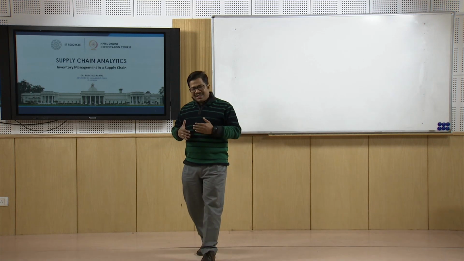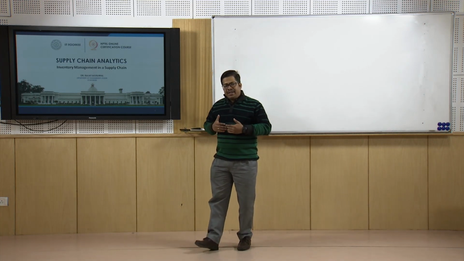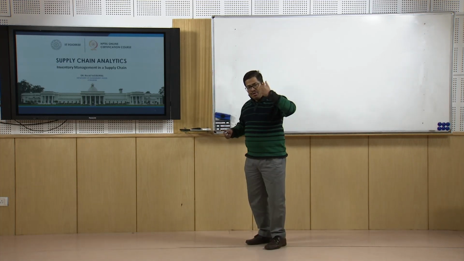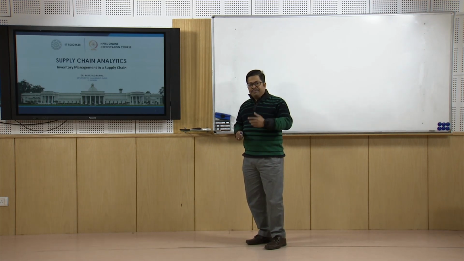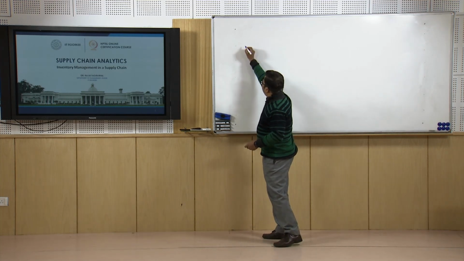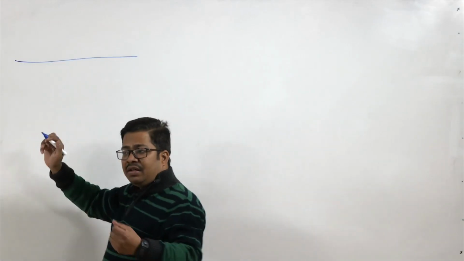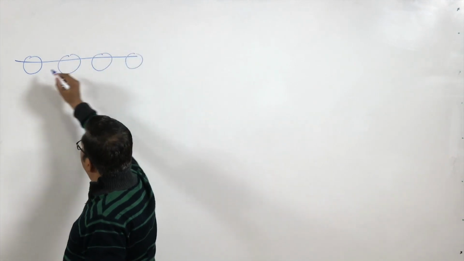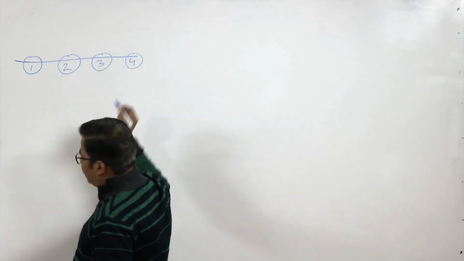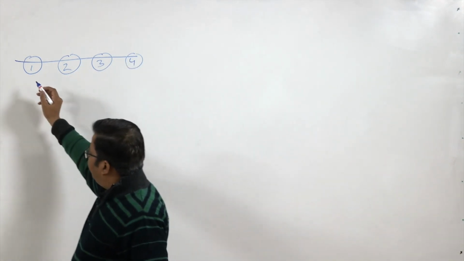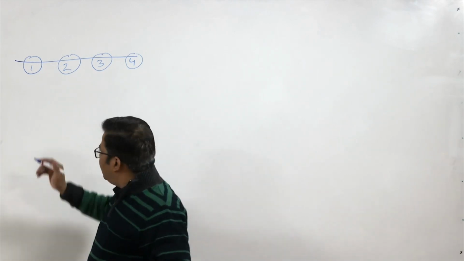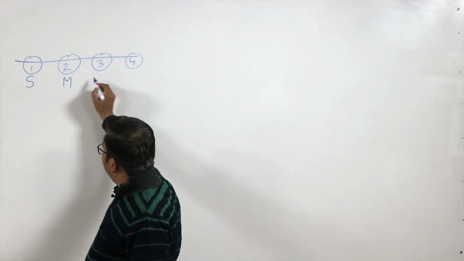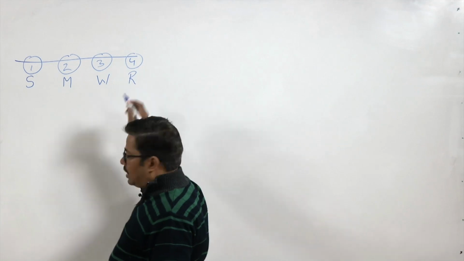Now the same discussion in this class we will take to multi-echelon systems, where in a supply chain more than two installations are possible. You can think of a supply chain with 4 stations 1, 2, 3, 4, and as we move from this side to this side it can be a supplier, a manufacturer, a wholesaler and a retailer.